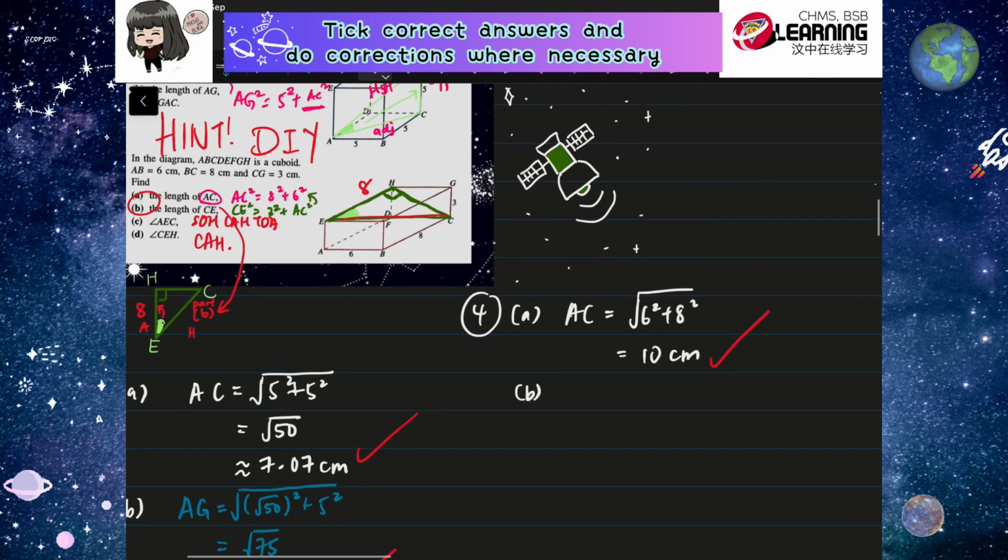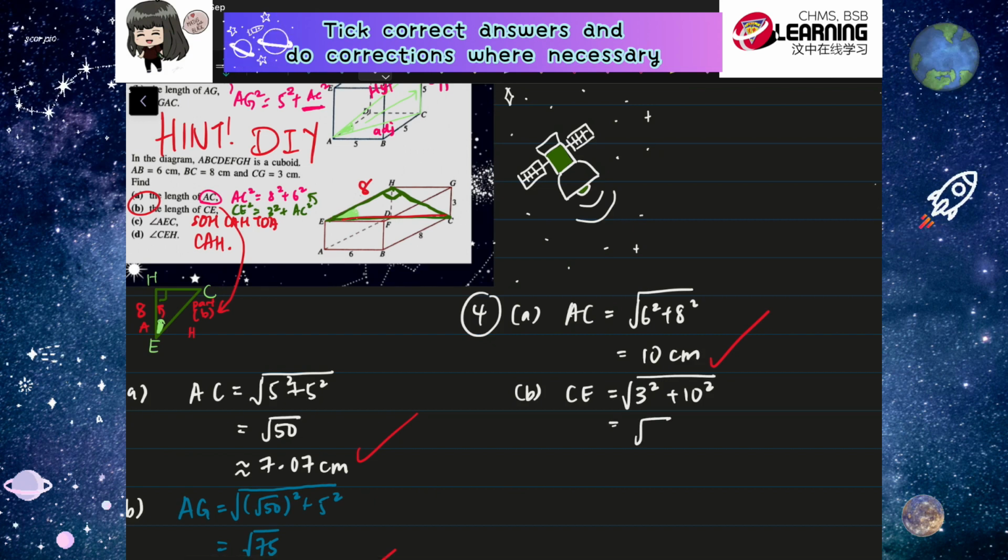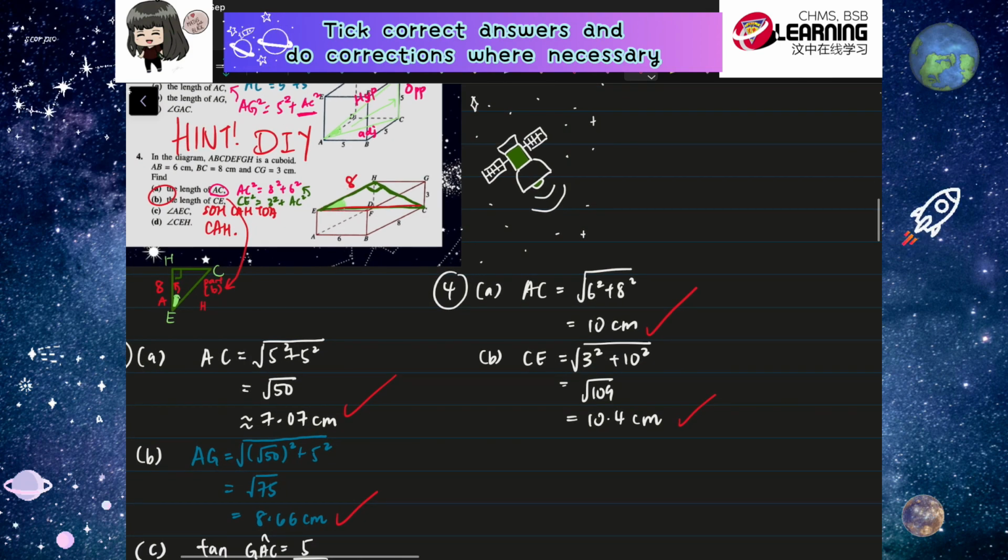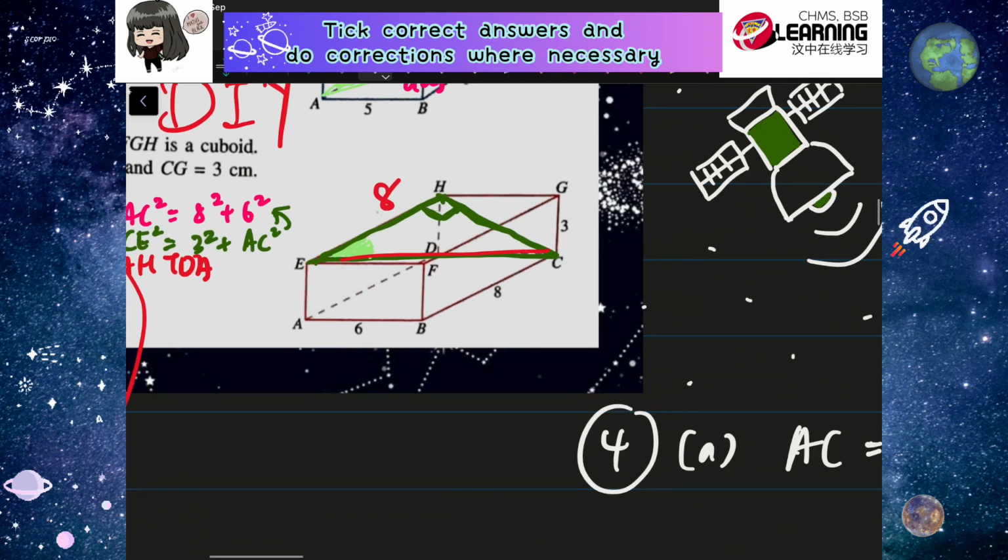And then for part B, CE also uses Pythagoras Theorem. So square root of 109, which is 10.4 centimeter. Check your answer. And then part C, AEC. AEC here is this triangle, and the 90 degree is over here.